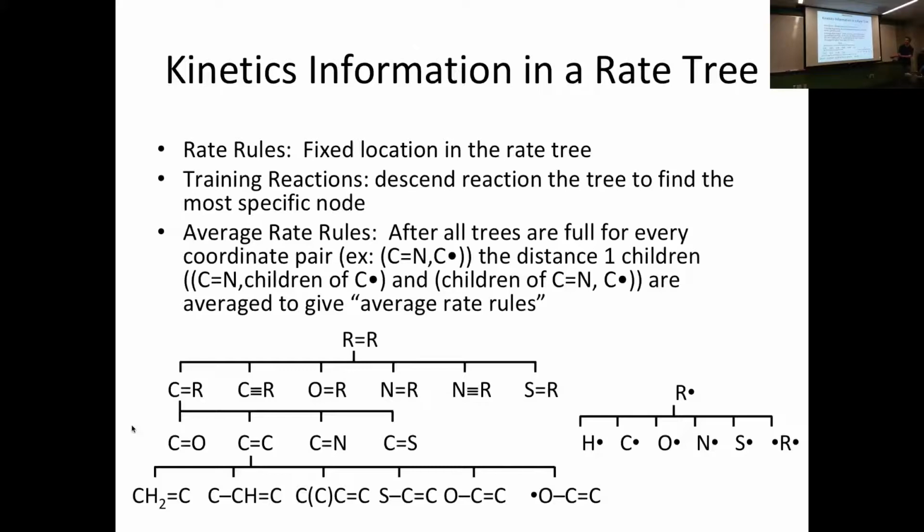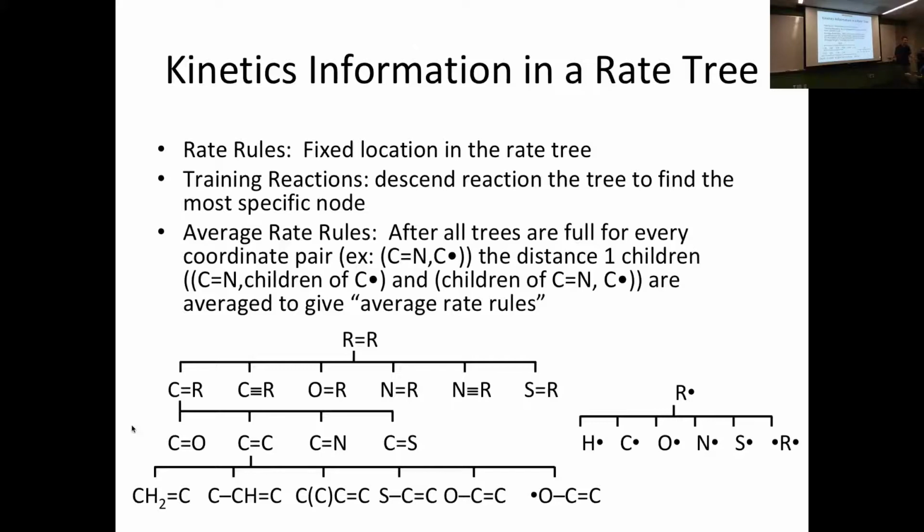Moving up might be one step in this dimension. Suppose there's data at this point in the tree, which means that there's a training reaction that is exactly hydrogen and this structure. Then we'll have a training reaction here and it will use that training reaction.